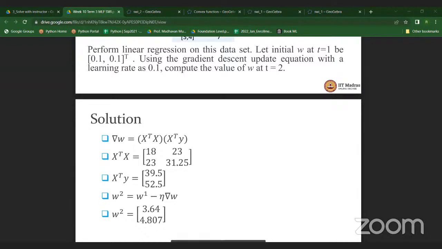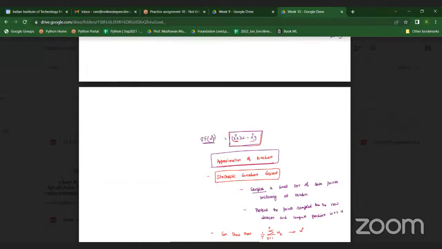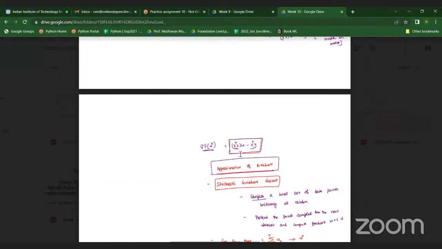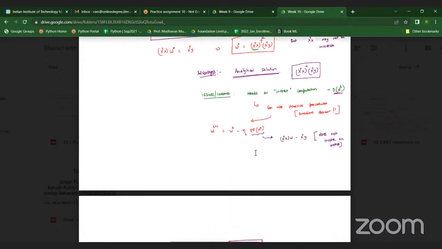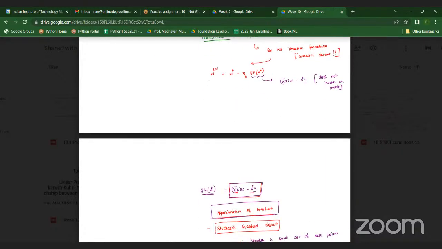The formula for the gradient is X transpose X w minus X transpose y.